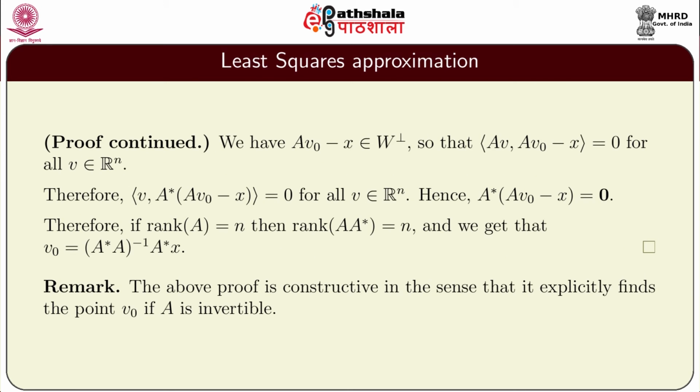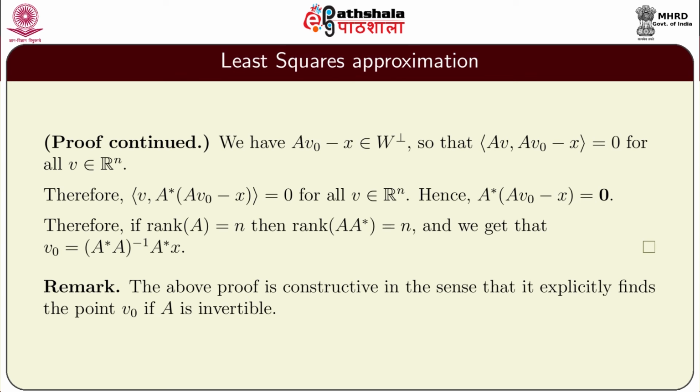We have AV0 minus X belonging to W perp, so that inner product of AV and AV0 minus X is 0 for all V in Rn. Therefore, inner product V comma A star (AV0 minus X) is 0 for all V in Rn. Hence, A star (AV0 minus X) is 0.